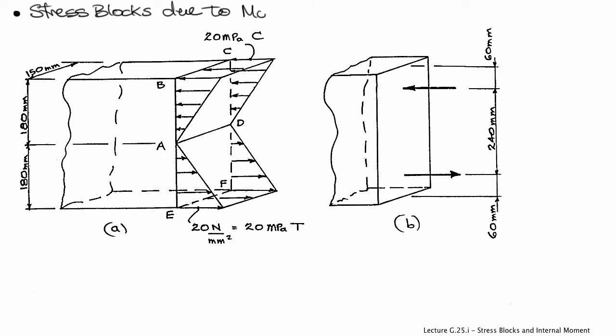Finally, we can look at the stress block generated due to internal moment in an element, such as in a beam. So if we have just a bending moment in a beam, we will likely end up with a stress block that is made of two wedges like this one. At the top, the maximum load intensity is 20 megapascals in compression, and at the bottom 20 megapascals in tension.